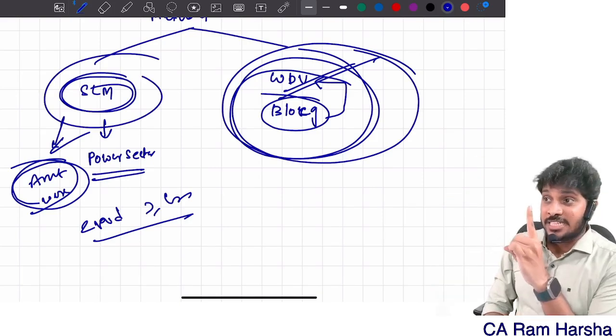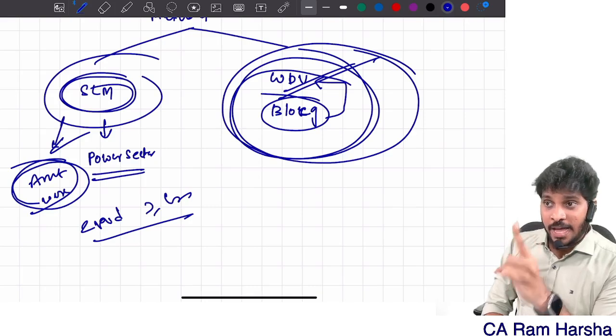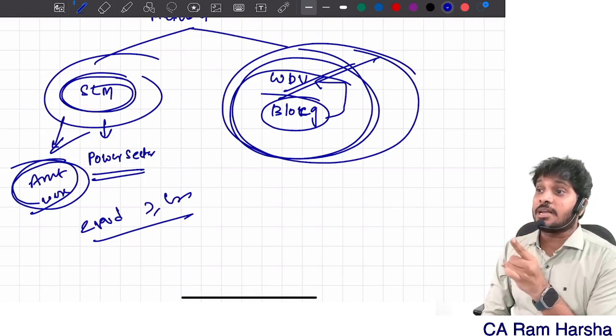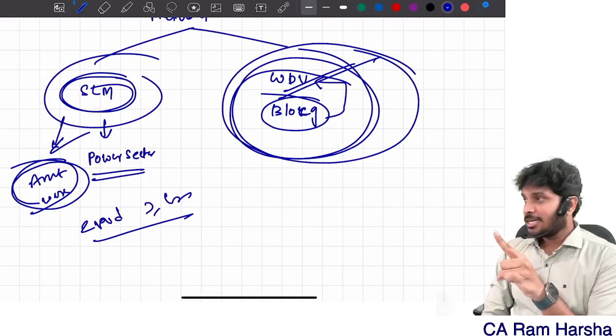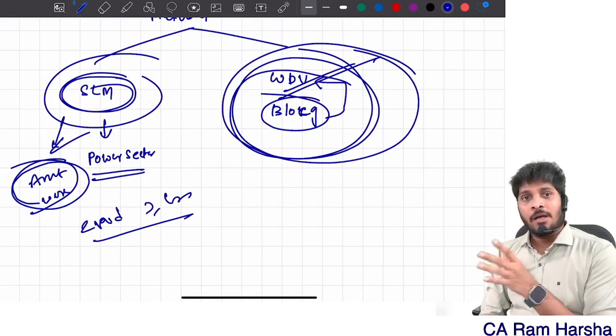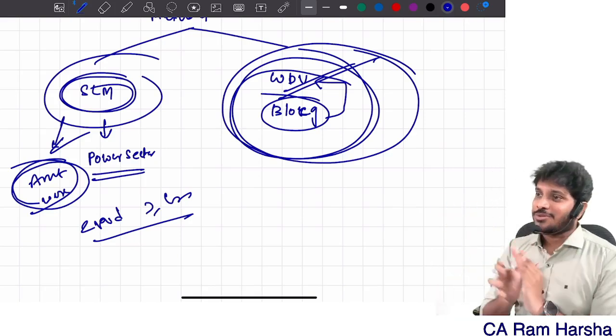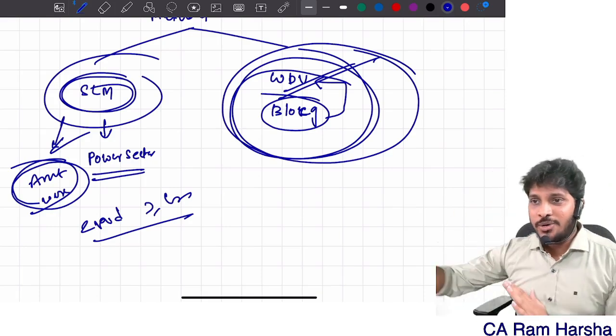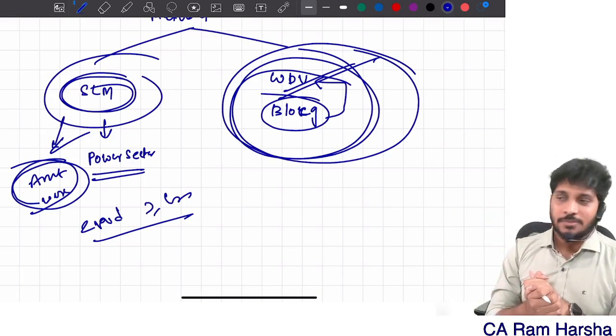But in the first year of their business, they should specifically choose SLM if they want to. Suppose they did not choose, by default, what is applicable to them? Block of asset approach, WDV method only applicable. Correct?